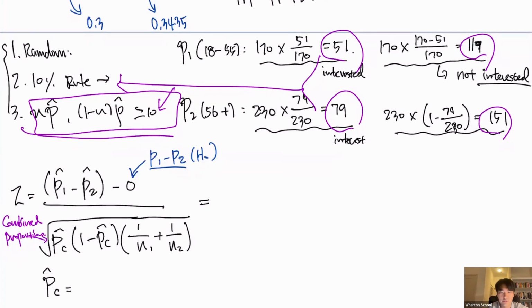We calculate this as 51 plus 79 over 170 plus 230, right? So we were combining these two, P1 and P2, and this equals 130 over 400, which means this is 0.325.